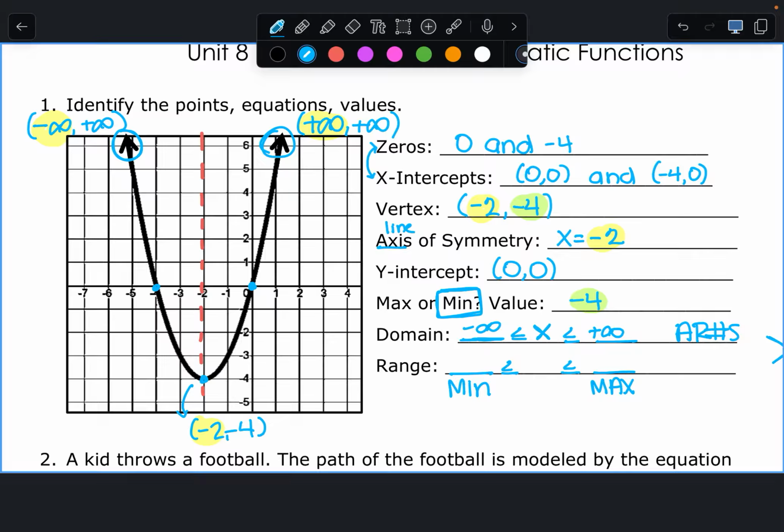Range are your y values. So only look at the y values. Only look at the right number of the 3 points that you listed. What is the smallest y value? -4. And the highest? You don't actually keep infinity in your final answer.